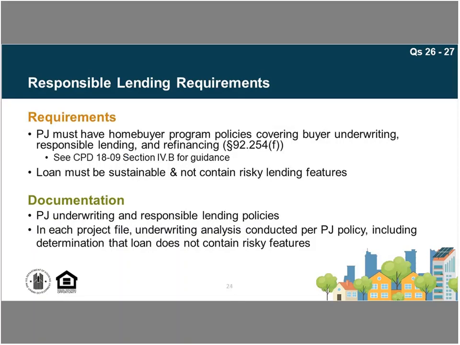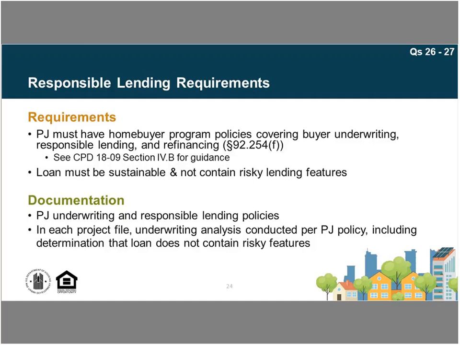Buyer underwriting and responsible lending are the two that come together in this particular issue. And again, I'm going to refer you to CPD 18-09. In this one, it's Section 4: A goes into buyer underwriting, B goes into responsible lending.